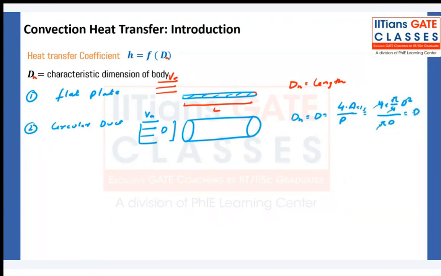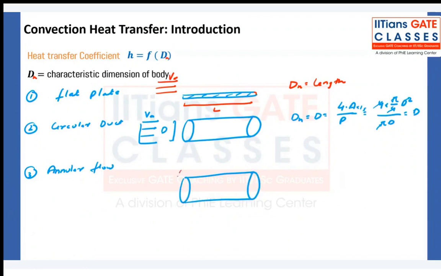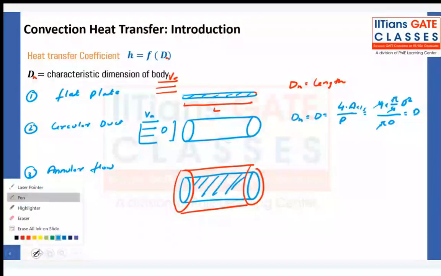Yes. Third is, if you have an annular flow. Annular. Do you know annular? What do you mean by annular? Yes. So if it is hollow, the annular space is the space between these two pipes. Okay, so this blue one is a solid pipe, and flow is happening here in the annular space.